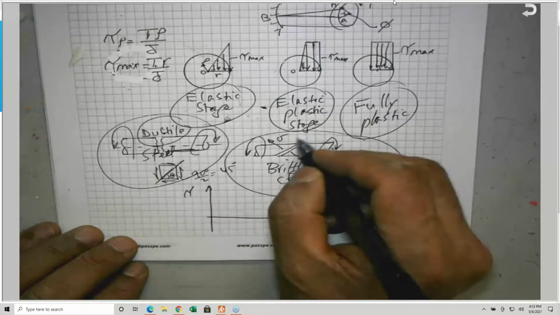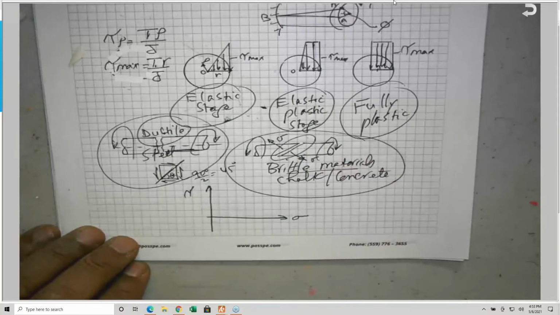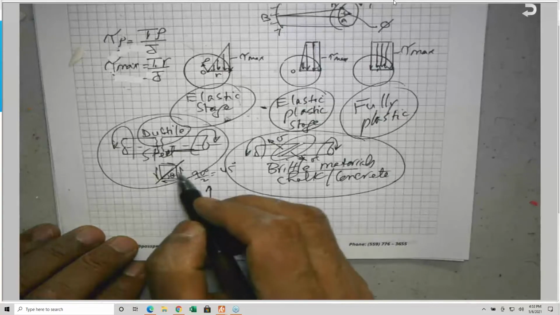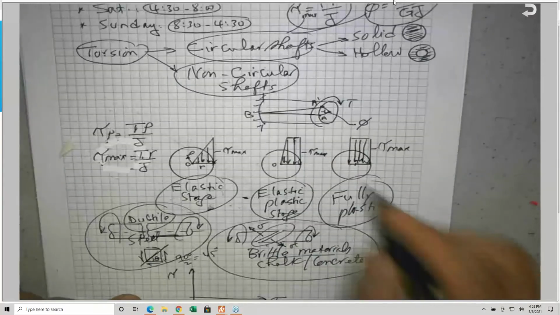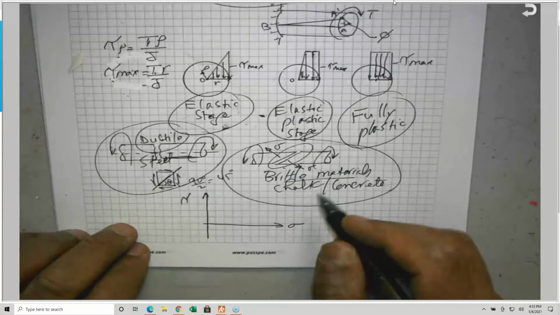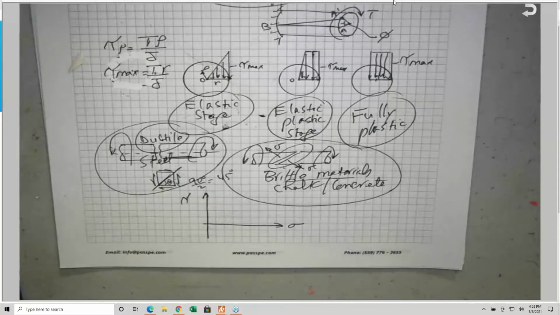And this is the explanation why this failure is at 45 degrees. Here we are under the maximum shear stress, and the shear stress is perpendicular to the axis of the shaft. So I need you to know the distribution is very important, and you need to know the failure mode. And I have many problems in my books, the one I'm preparing.